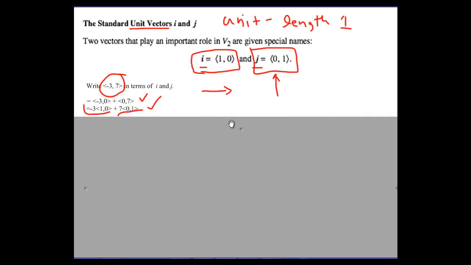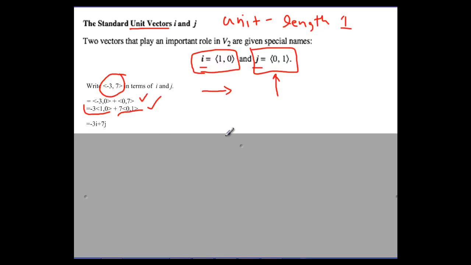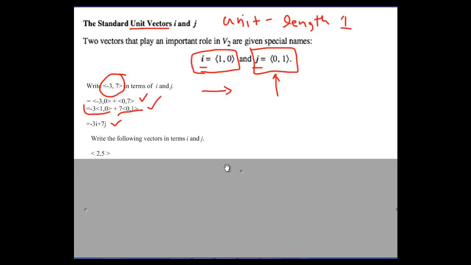And then we can replace those vectors with the standard unit vectors. And that becomes negative 3i plus 7j. And so it's just a helpful way for us to write vectors when we start thinking about putting them into their respective components, being x direction and y direction.